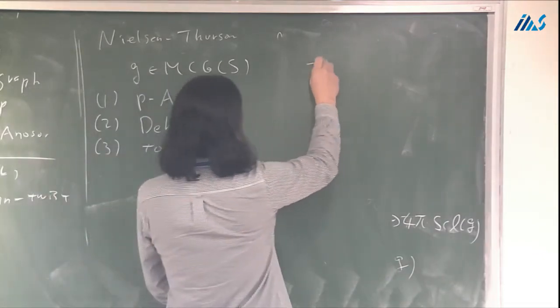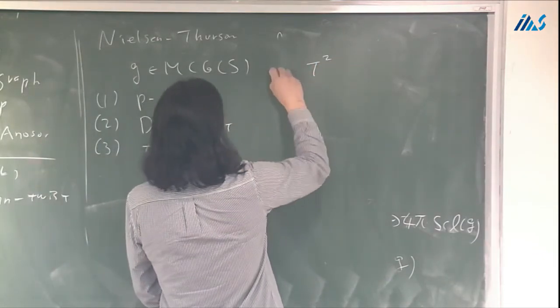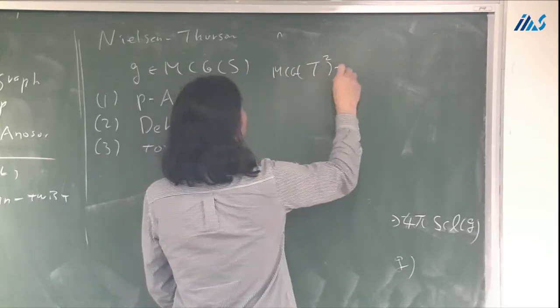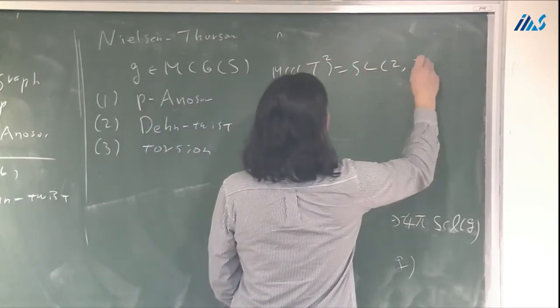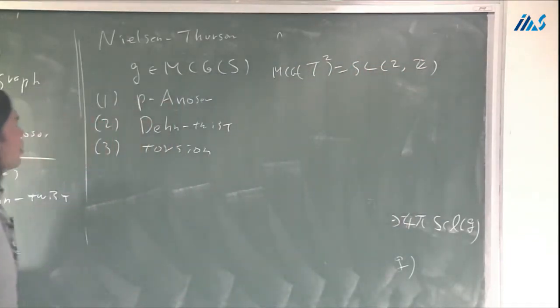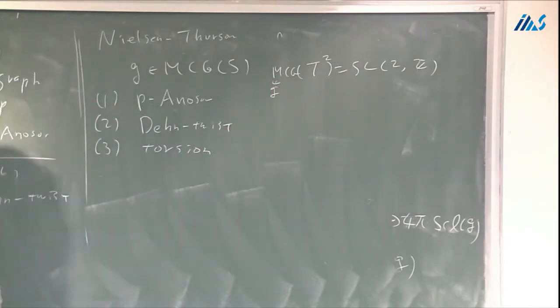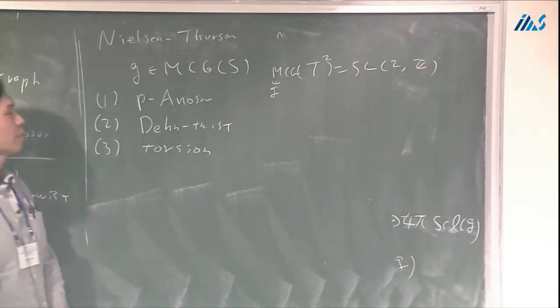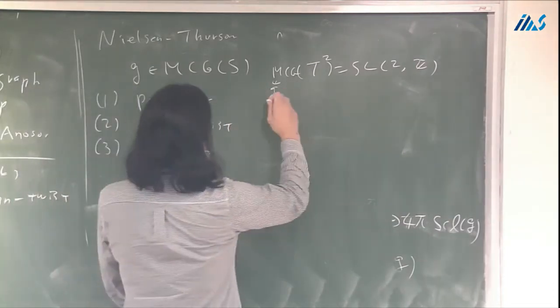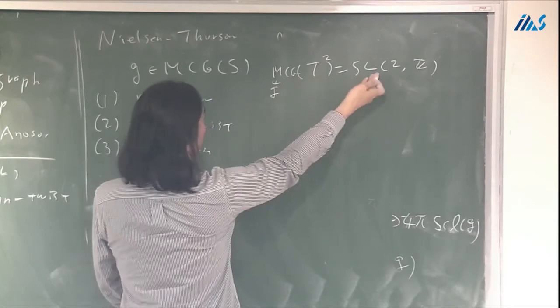For the torus, actually, it's fine. The mapping class group of a torus is SL(2,Z), and any element in here is either Anosov, or a power of a Dehn twist, or torsion. So this is 2 by 2 matrices.